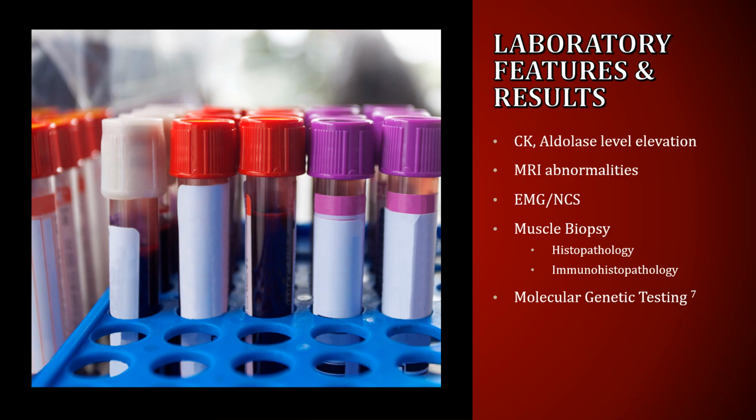Muscle biopsies would indicate degenerating and regenerating muscle fibers, fatty infiltrations, fibrosis, and absence of laminin alpha 2 on immunostaining. And lastly, of course, molecular genetic testing would denote the mutations in the LAMA2 gene, detected by sequencing or deletion analysis.